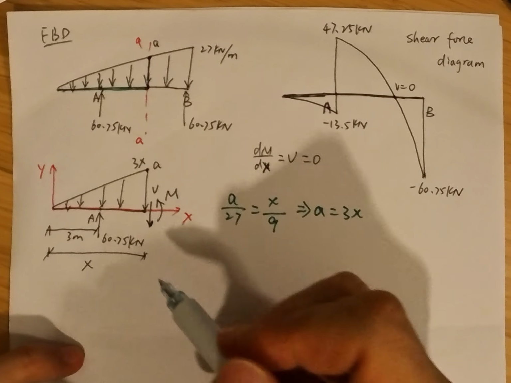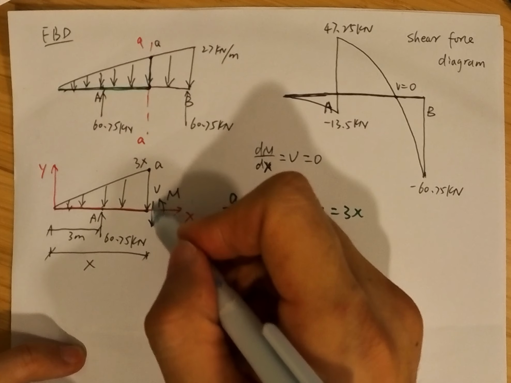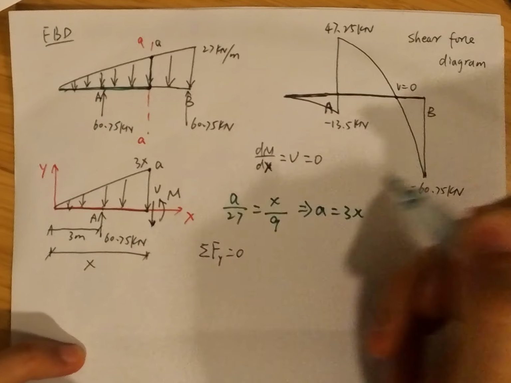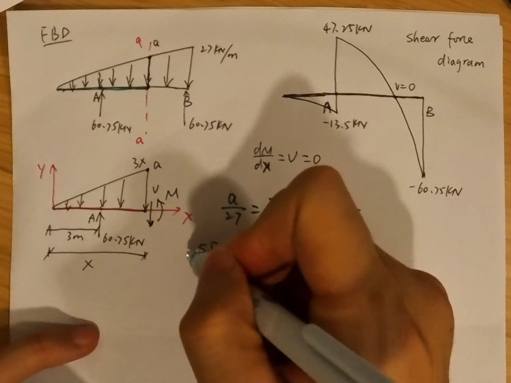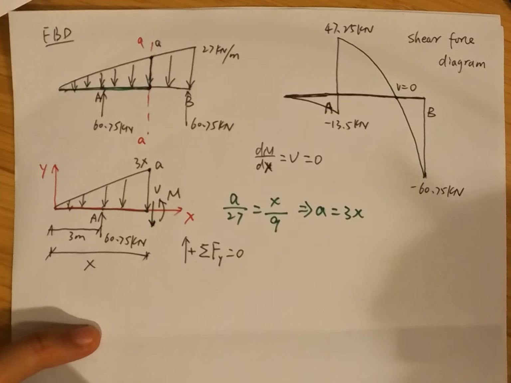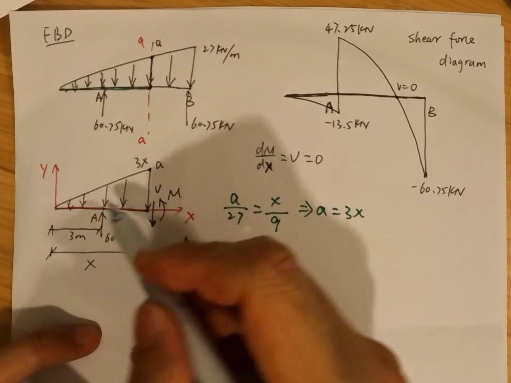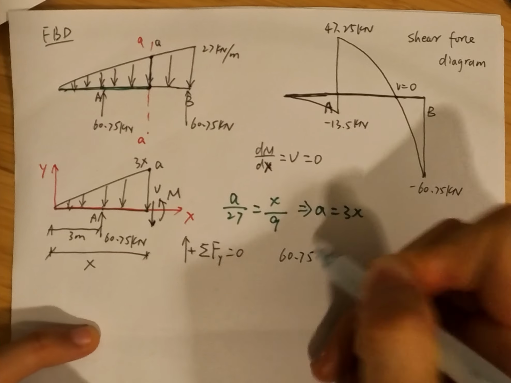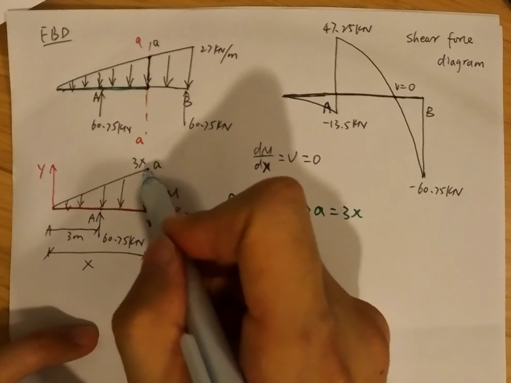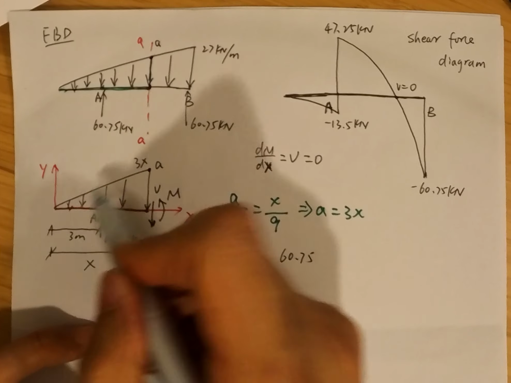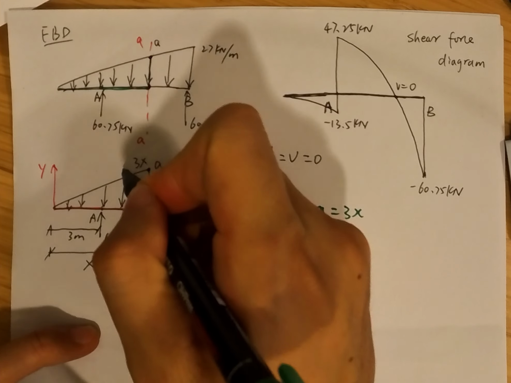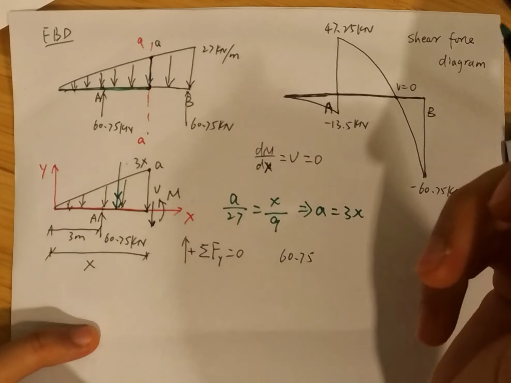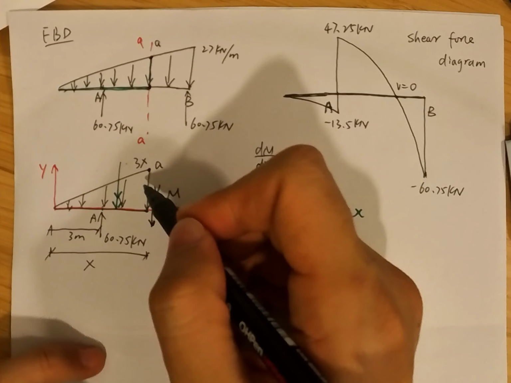So now we can derive the shear force. We just write down the equation of equilibrium in the vertical direction. We assume the positive direction goes up. For point A, we have a reaction force 60.75 kilonewton, and the resultant force of this distributed load is shown here.